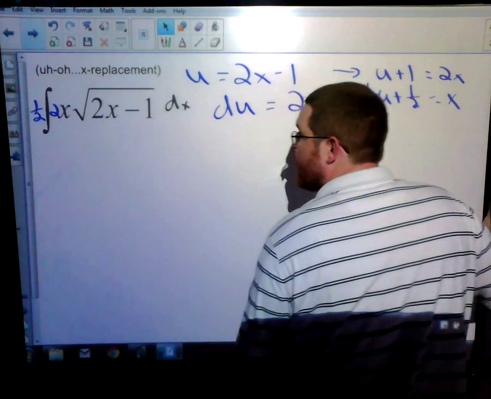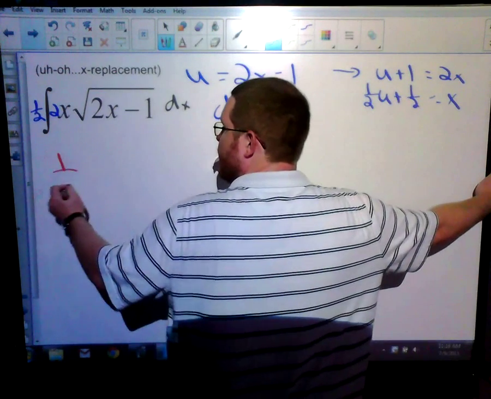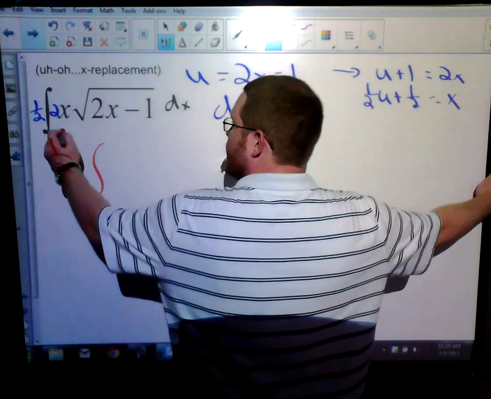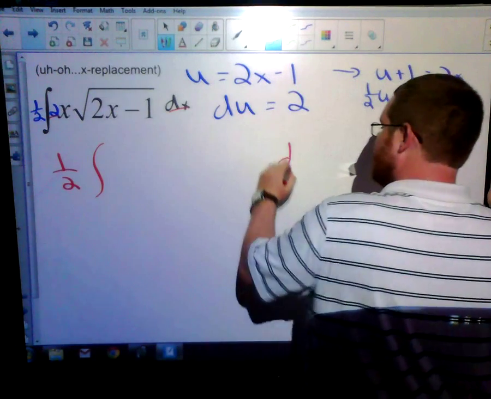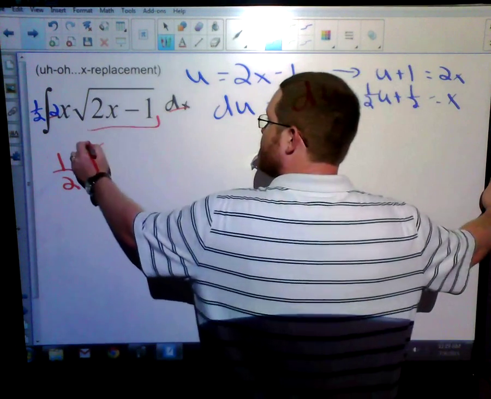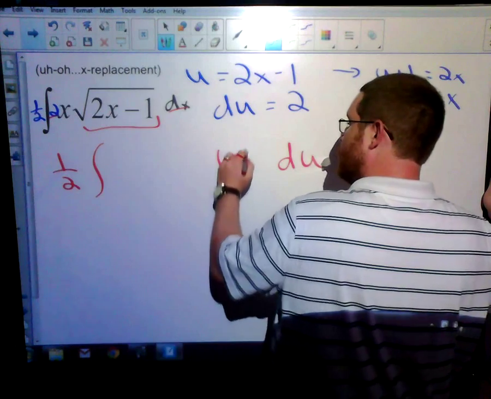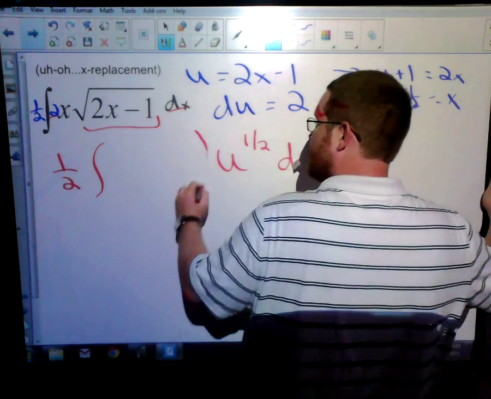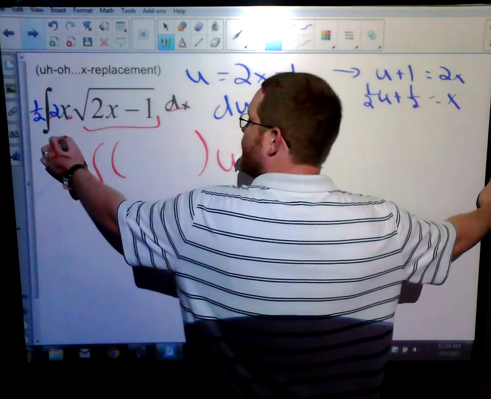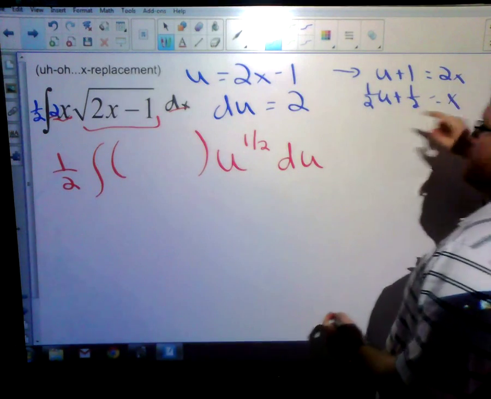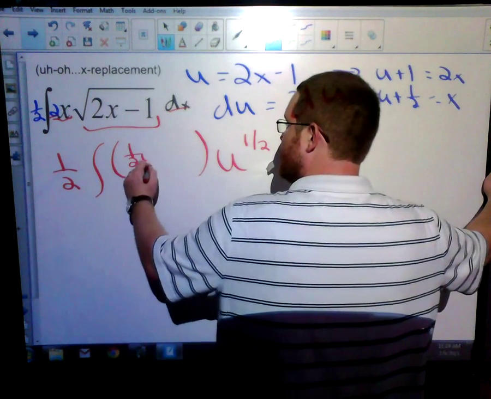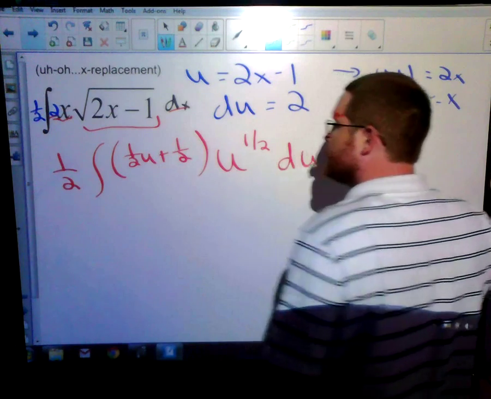Now why is that important? Because I can now rewrite the problem like this. 1/2, the 2 dx becomes du. This becomes u to the 1/2 power. And what is the x going to become? X becomes 1/2 u plus 1/2.